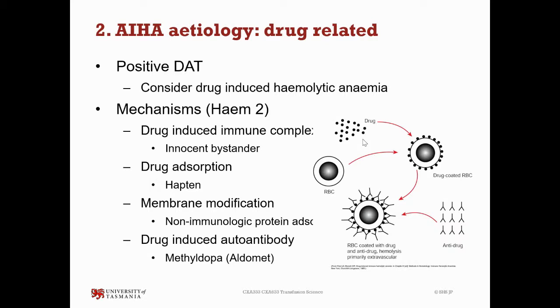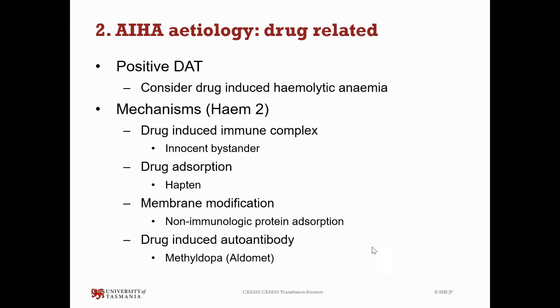So this is called the hapten mechanism. The soluble drug is adsorbed onto the red cells, and then the immune system can see it, and the anti-drug antibody is produced. Of course, because the drugs are on the red cells, the red cells are destroyed, mainly by extravascular hemolysis. So the innocent bystander mechanism is intravascular hemolysis, whereas this one is more extravascular hemolysis.